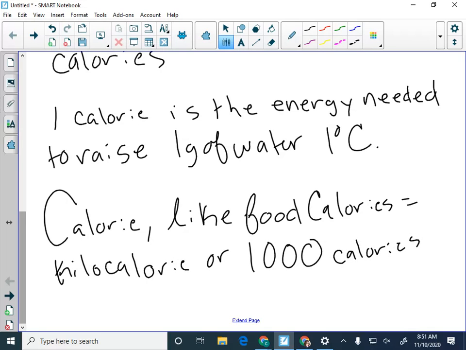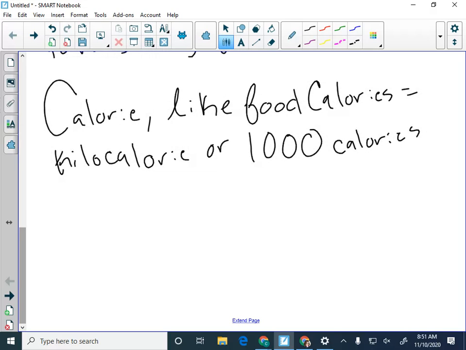So a Calorie, like you see on a nutrition label, is enough energy to raise 1,000 grams of water 1 degree Celsius. Is that tracking so far? Gotta do a little physics before we can get into the meat of it, as is the case with biology.